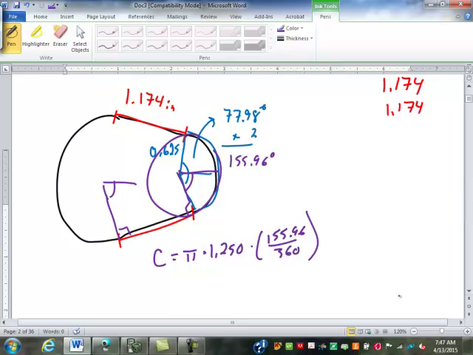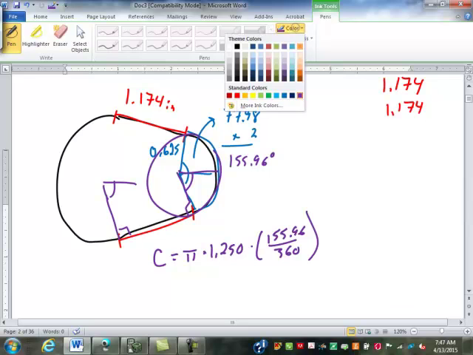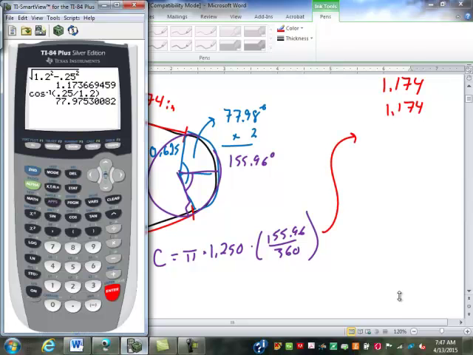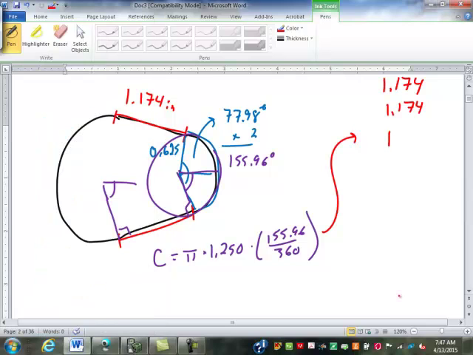Does that make sense? So I'm just going to use 3.14 times 1.25 times 155.96 over 360. 1.700. So there's that one.